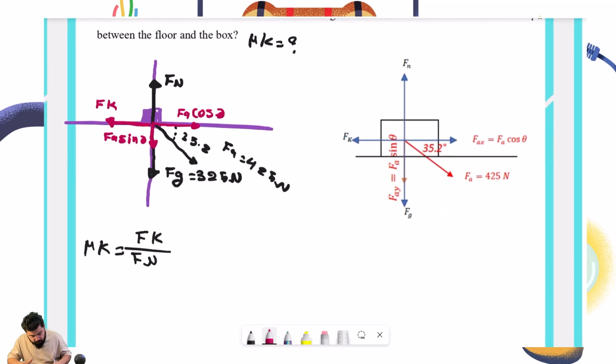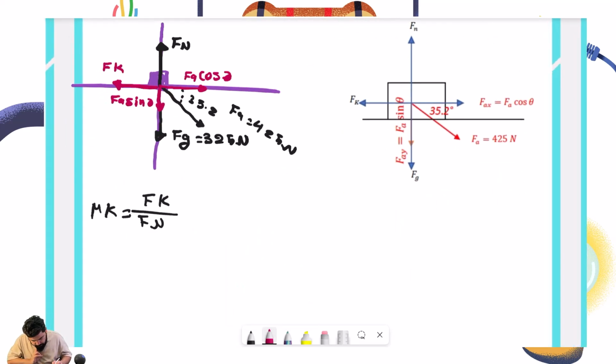Okay, now let's solve this question. On the y-axis, positive, we have Fn, and we have Fg and we have Fa sine theta. So Fn is basically going to be what? Fn is alone, it doesn't have any other positive forces on it, so it's going to be Fa sine theta plus Fg.